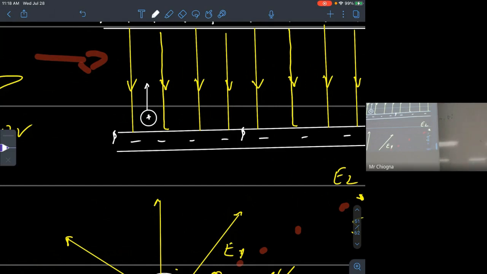Because the electric field is constant, the force that you apply would be just equal to QE. That force is constant. That makes it easier for us.